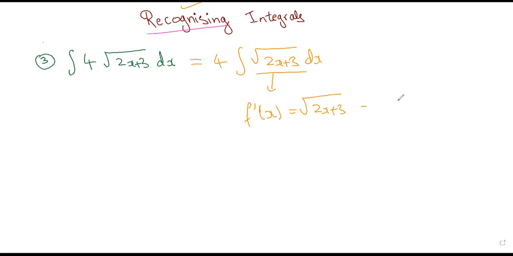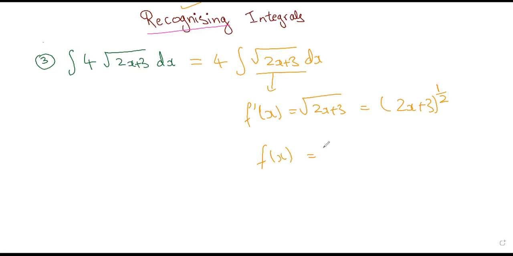To make things easier for ourselves, we will write it down this way. Now we need to know what function's derivative this is. When we are differentiating, we know that the power is multiplied over here.